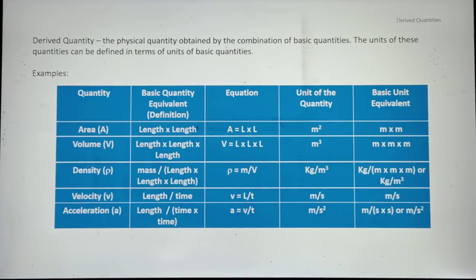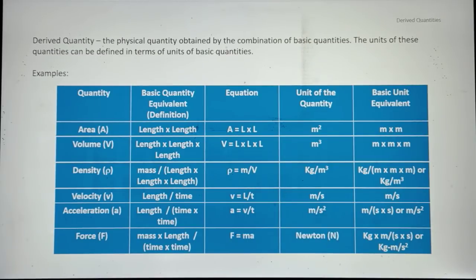And the basic unit equivalent is meter per second squared. Force is a derived quantity defined as the product of a basic quantity mass and derived quantity acceleration. The force unit is Newton, in honor of Sir Isaac Newton, with basic unit equivalent kilogram meter per second squared.